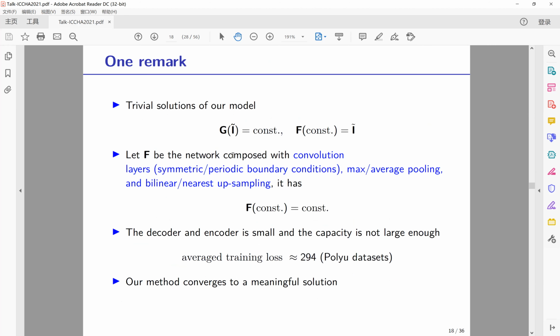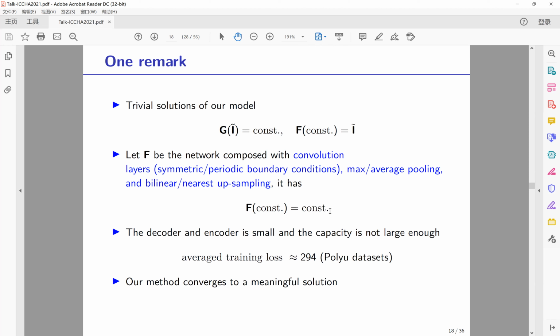However, we can show that if we use some common network architectures, such as convolution, pooling, bilinear, or upsampling components, this decoder cannot map a constant image to a noise image, because it only maps a constant image to a constant image.